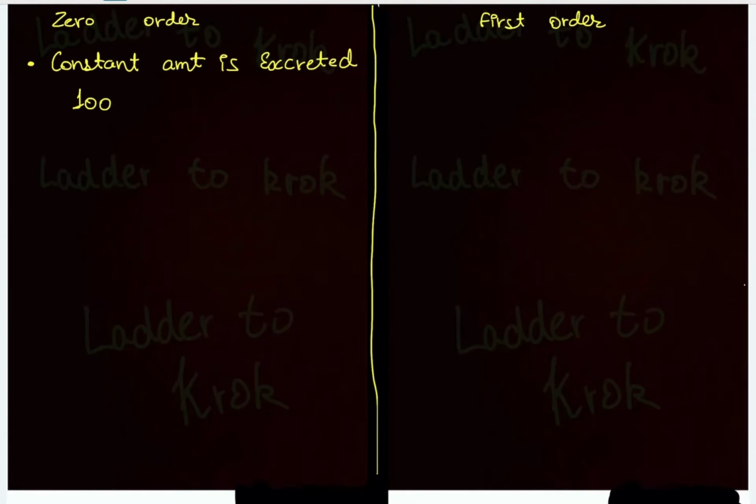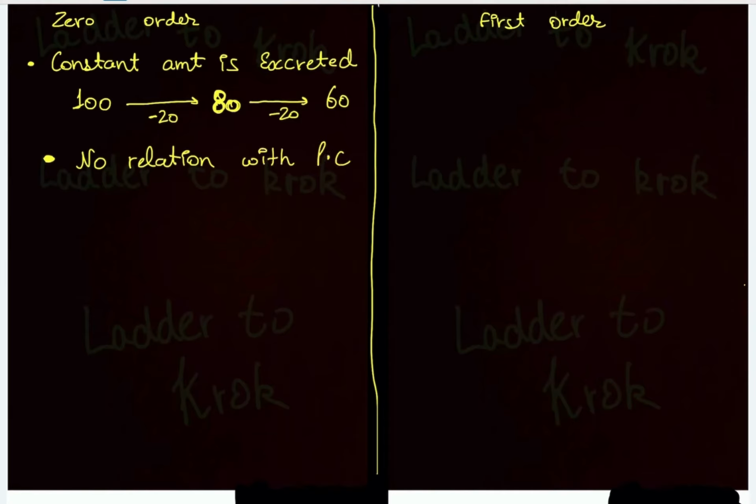Like from 100, only 20 will be excreted, so 80 remains in the body. After this, from 80 again 20 is excreted, so 60 remains, and so on. There is no relation with plasma concentration, and the T half is variable. We will discuss T half a little later.